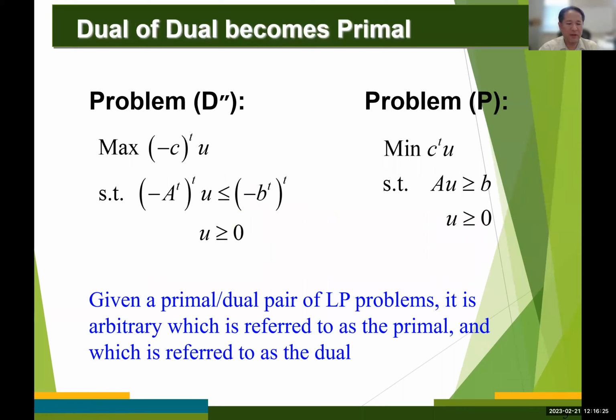And also we talked about how the dual of the dual becomes the original primal problem, okay? So this implies that, given a symmetric primal dual pair of LP problems, it is really arbitrary which is referred to as the primal and which is referred to as the dual, okay?